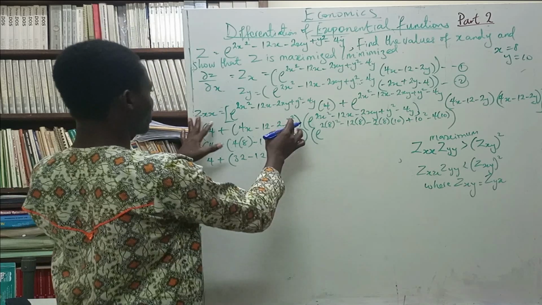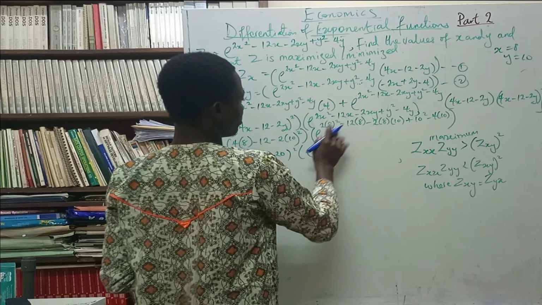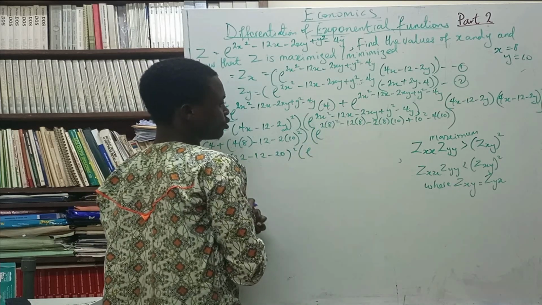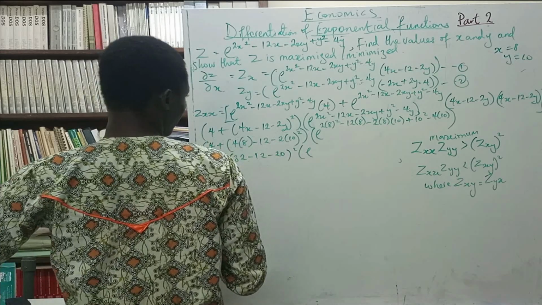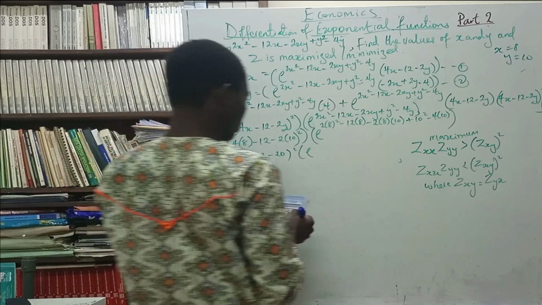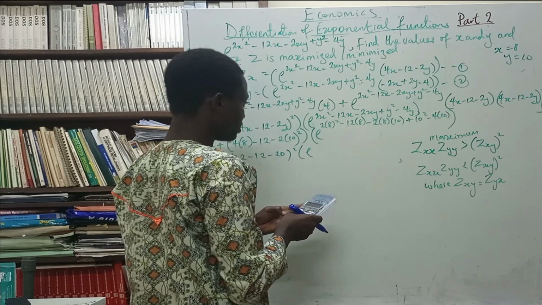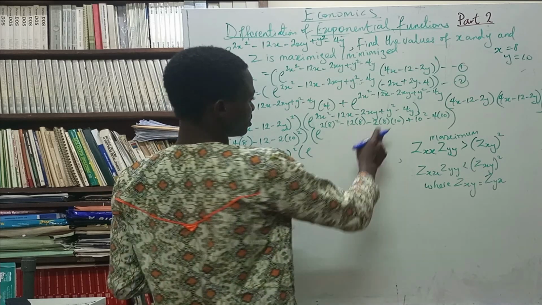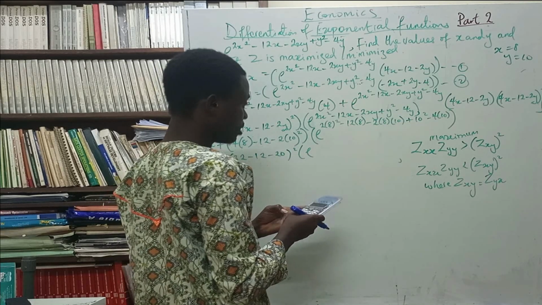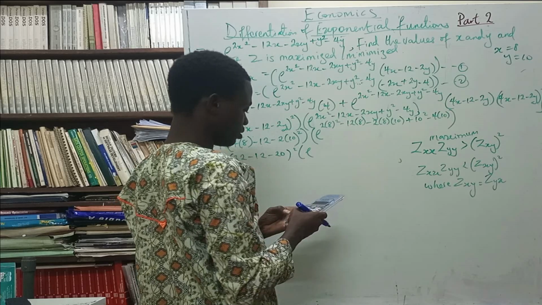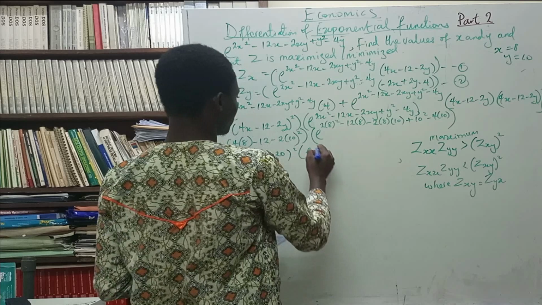The square is for everything outside, squared into bracket e raised to power 8 squared is 64 times 2, 128, minus 12 times 8 is 96. So we have 128 minus 96 minus 8 times 10 is 80 times 2, 160, plus that is 100, then minus 40, so we're having minus 68.